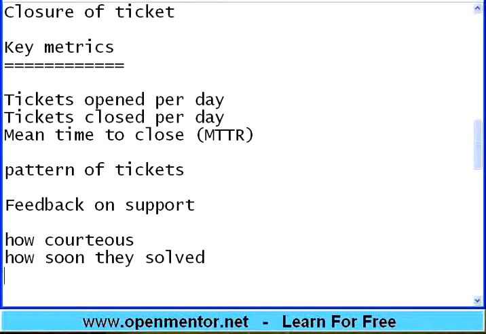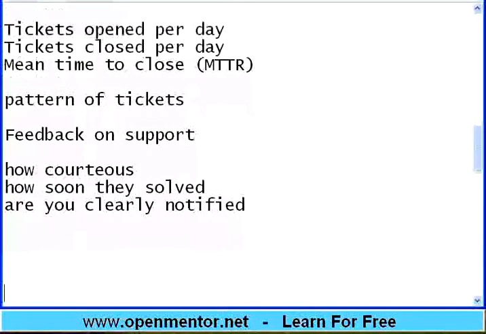Were you clearly notified? The customer should not be kept in the dark. So a survey or feedback request will come to the customer saying, rate our support. If the customer says, yeah, you are very good, in fact I like the people I interacted with on getting the problem solved, that shows the customer is committed to you and your team is committed to the customer.